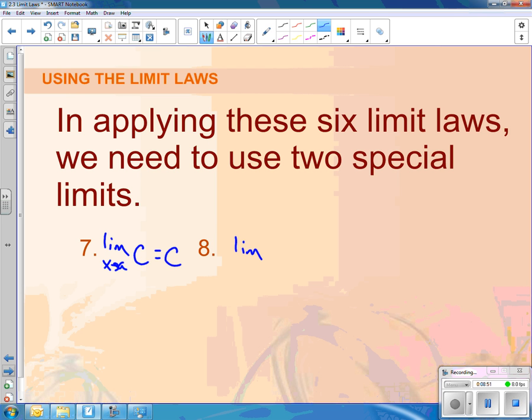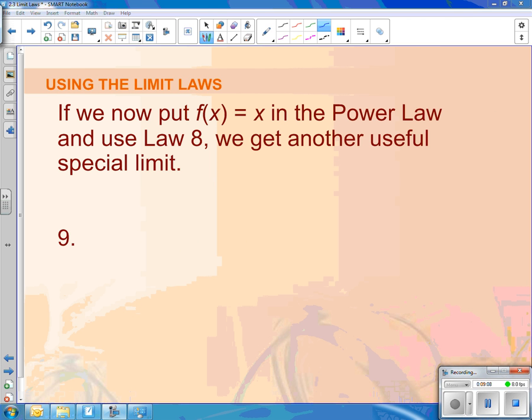Also, the limit as x approaches a of x equals a. So in this case, when you have the limit of a function and you're approaching some value such as a, it's going to equal the same value a. Confused now?